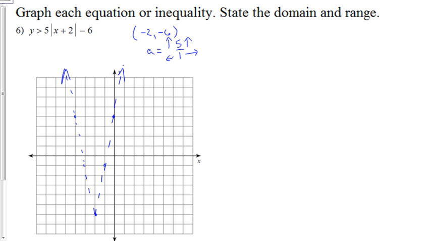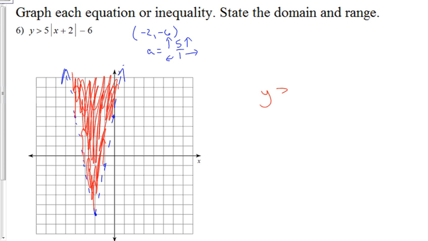And this is a y is greater than also. So that means for all these points, the y values that we're interested in are greater than. That takes us to the inside of this graph, shaded on the inside. So for our domain and range, domain still has no restrictions on x.